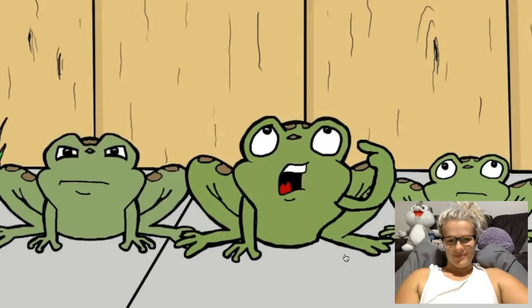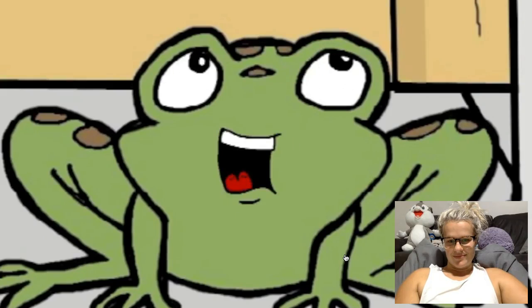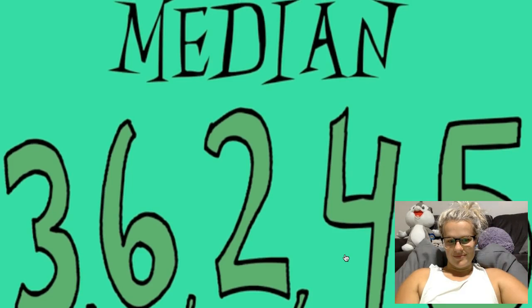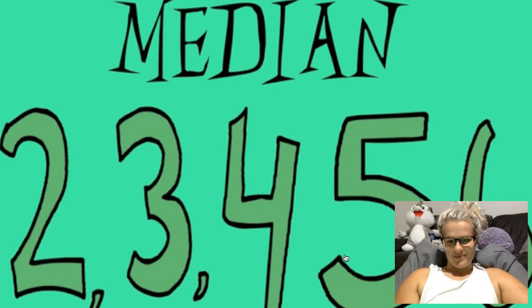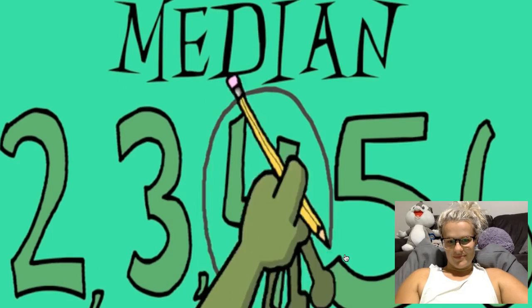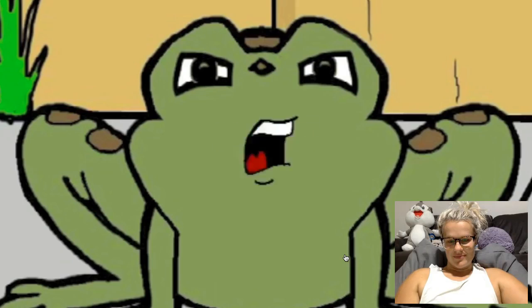Median. I'm the median toad, the one in the middle. You see me? Median, in the middle. Get on with the median. Okay. To find out what the median is, you first make your data list in order, from least to greatest. Then, you find what number falls in the middle. Tell them what happens if there's an even amount of numbers.